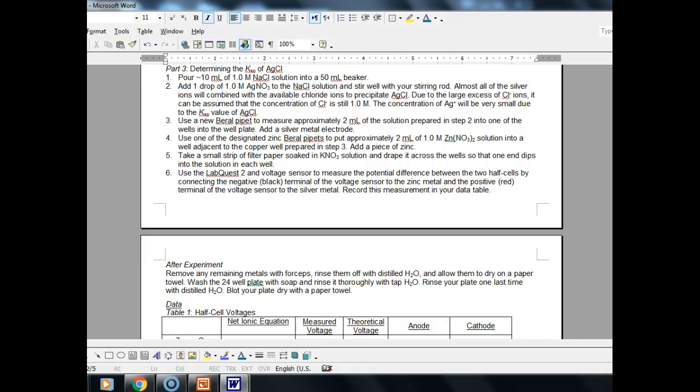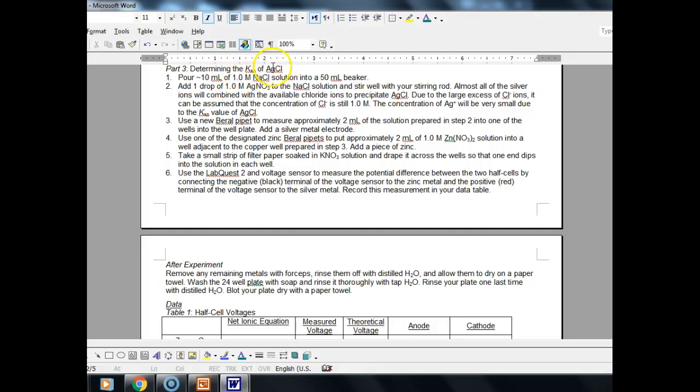So in part 3, we are trying to figure out what the KSP is of silver chloride. You can get that from a book, but we want to see how close we can come to that true value for the KSP of silver chloride. We are going to assume, because silver chloride breaks into silver and chlorine ions, that the concentration of chlorine is going to be roughly 1 molar because we added a large excess of it.